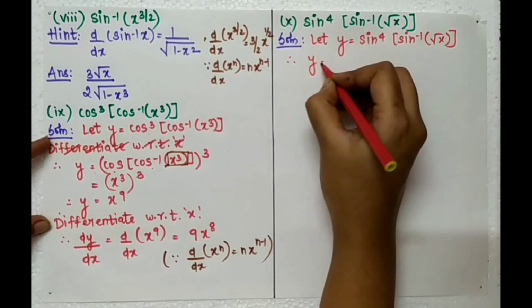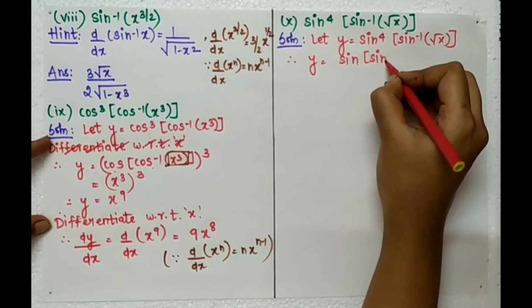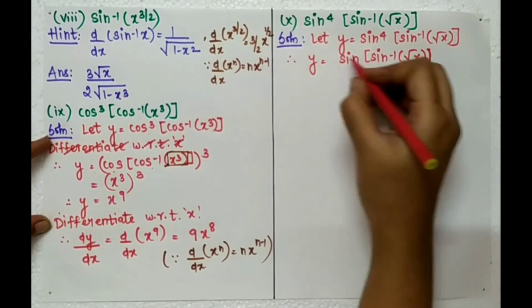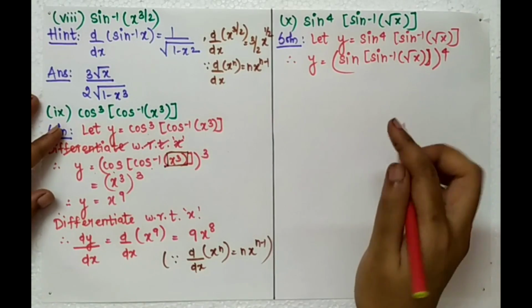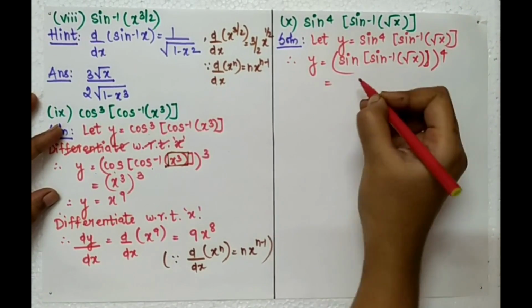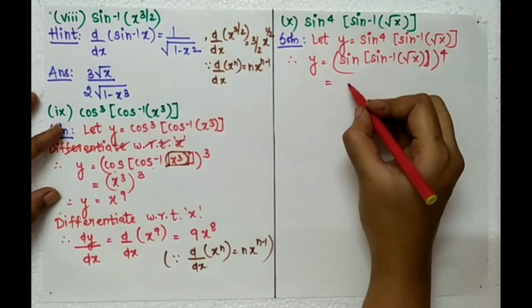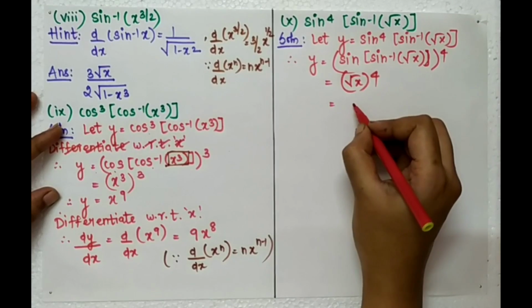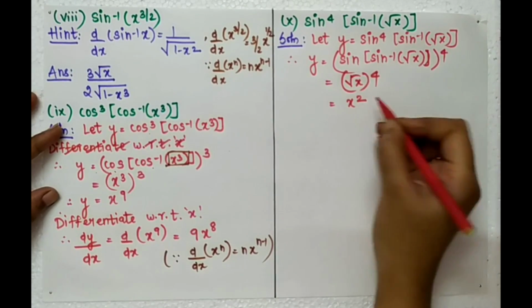Therefore, we get y equal to sine of sine inverse root x, the whole raised to 4, because this power 4 is common to the whole function. Sine and sine inverse nullify each other. So we get root x raised to 4, which is equal to x square.